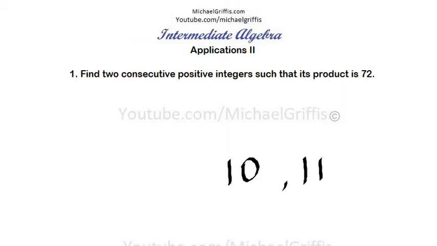And then if we multiplied them together, 10 times 11 is 110. So you see those are two consecutive integers, 10, then 11, and if you multiply them together you get 110. So that's just an example of what we're looking for.